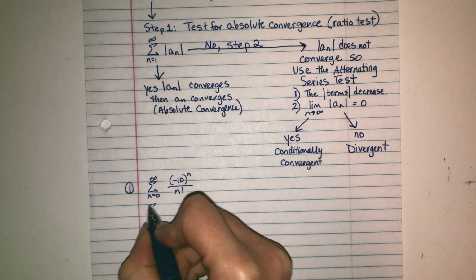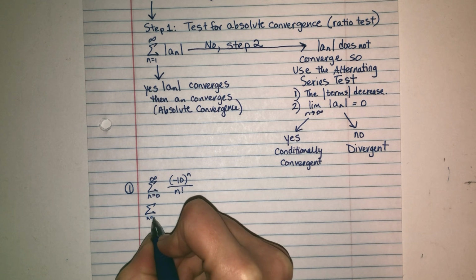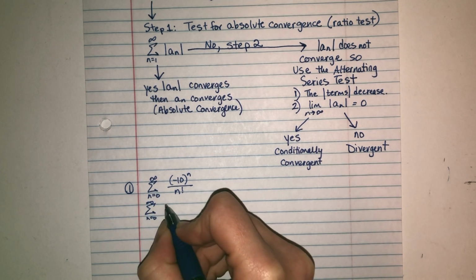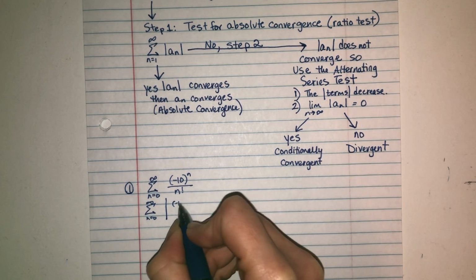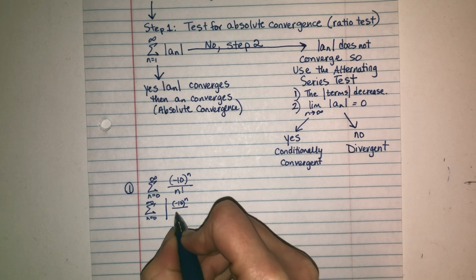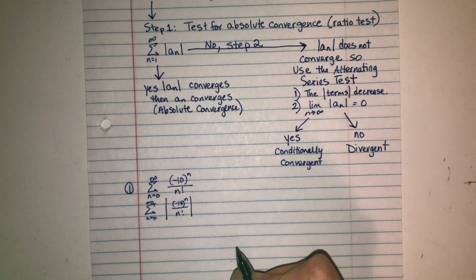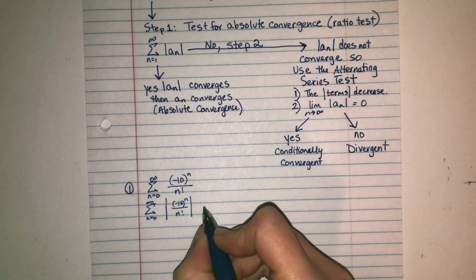How does that work? Well, we're going to say the sum from n equals 0 to infinity of the absolute value of negative 10 to the n over n factorial. And what does that mean?